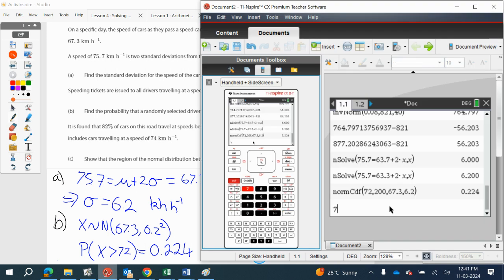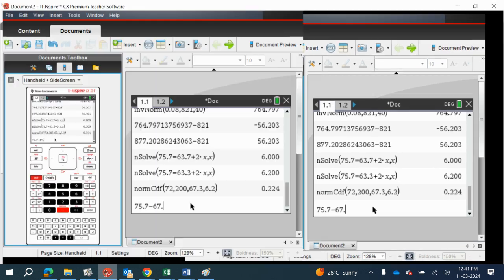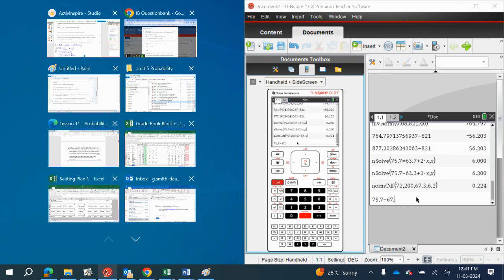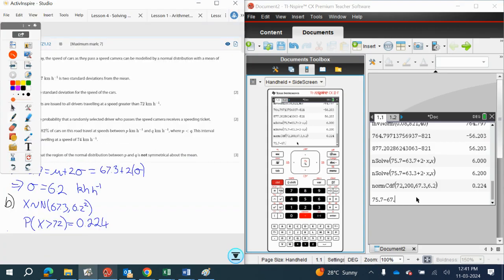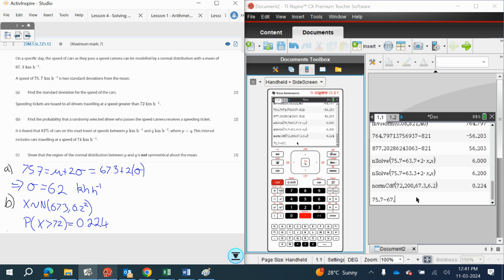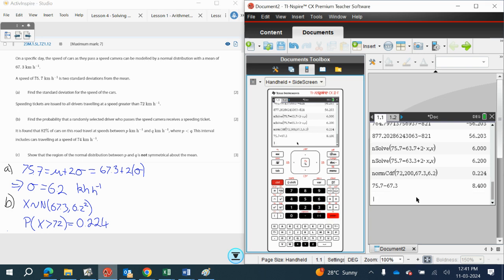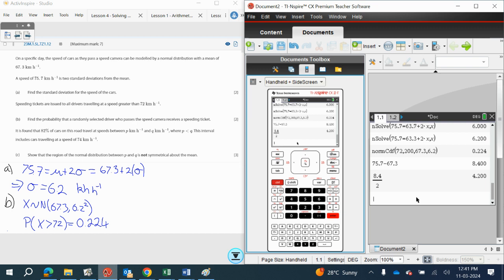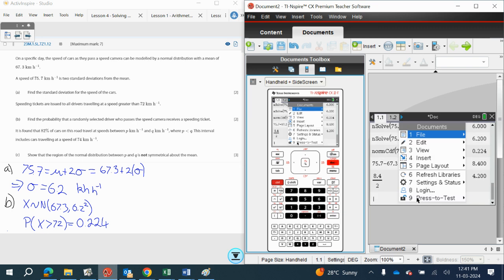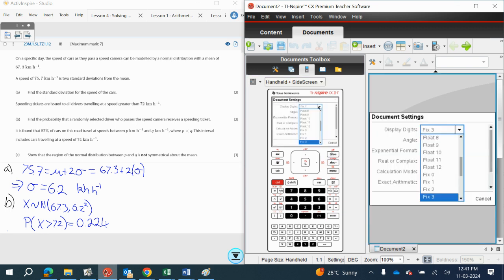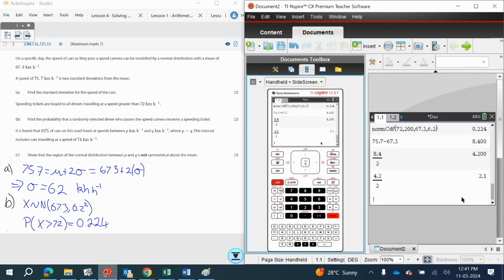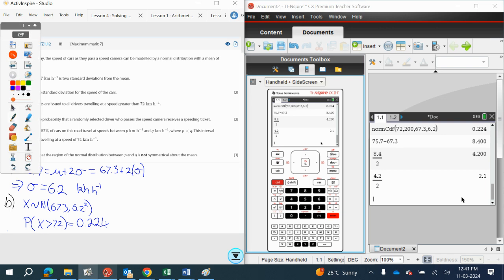So we've got 75.7 minus 67.3, divided by 2, 4.2. So the standard deviation is 4.2, which means we must have the wrong answer here as well.